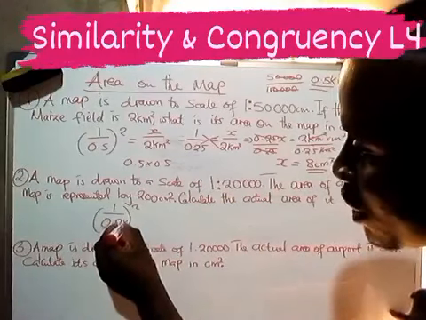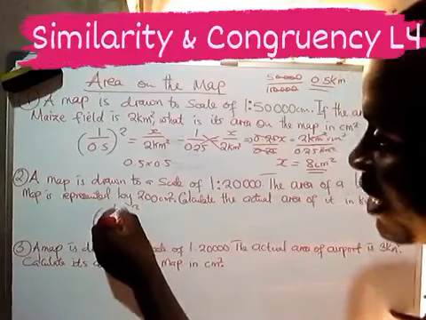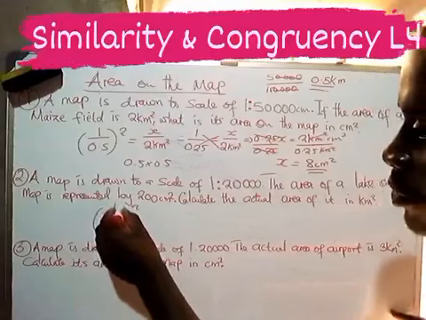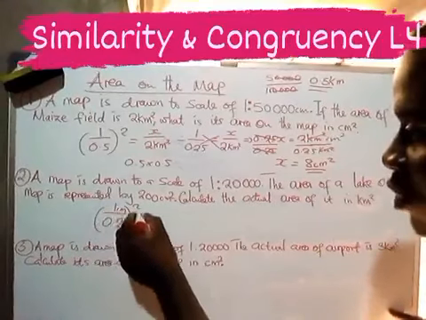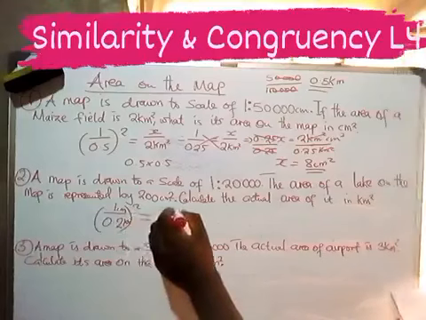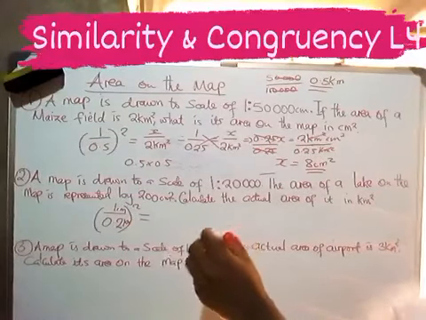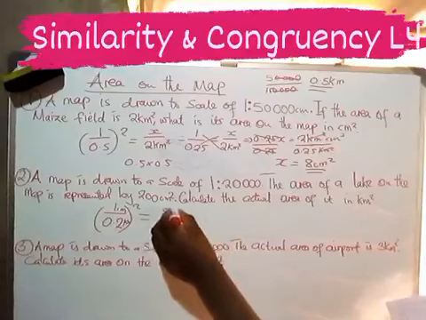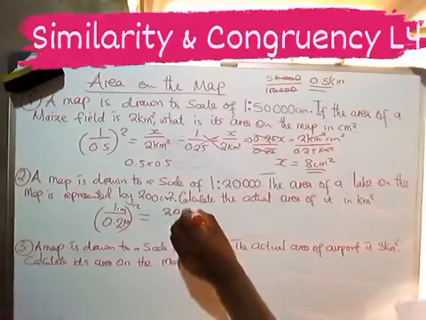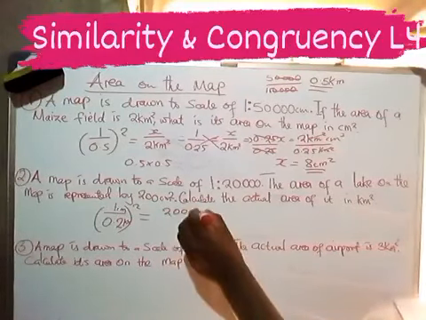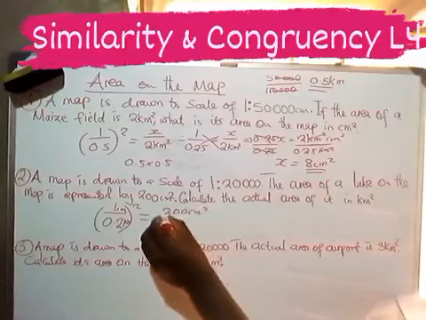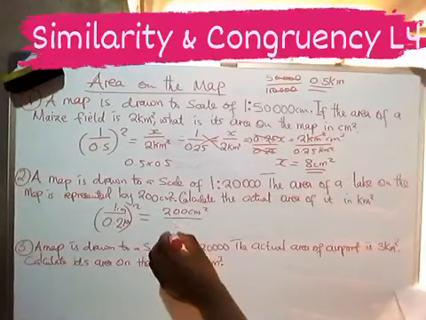Now, 0.2, as usual, to be squared. Remember, this one is in kilometers, and this one is in centimeters, because it is on the map. We convert this one into kilometers. What we have been given on the map is 200 centimeters squared over x.